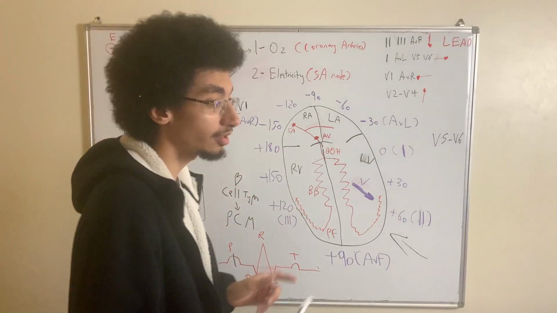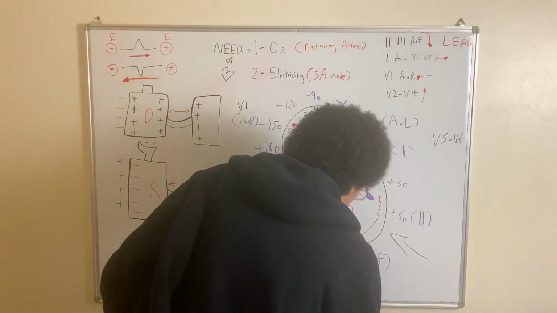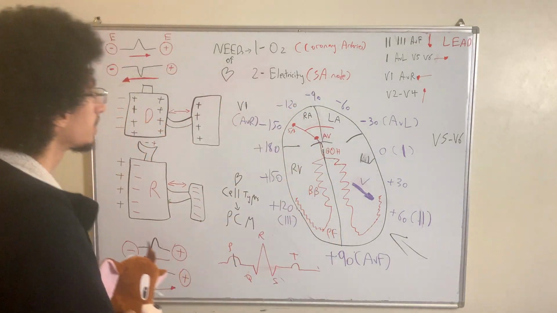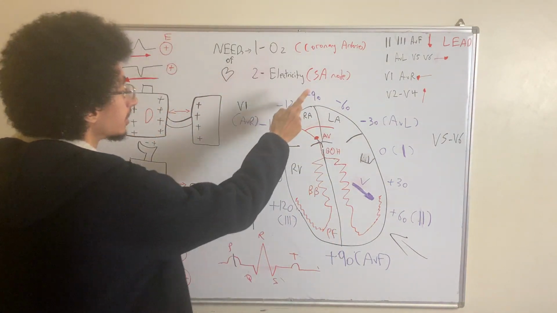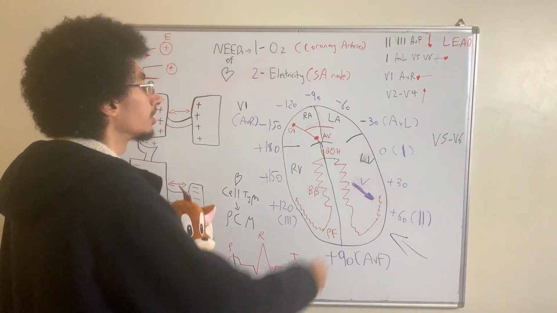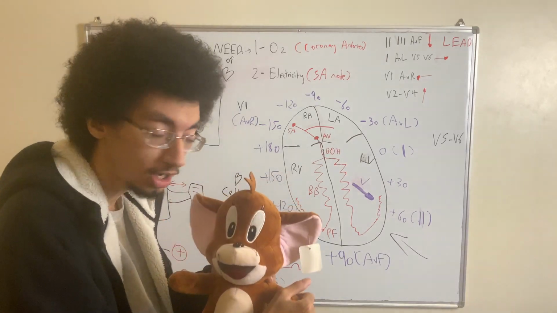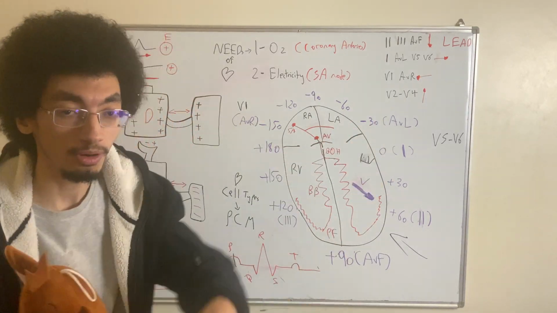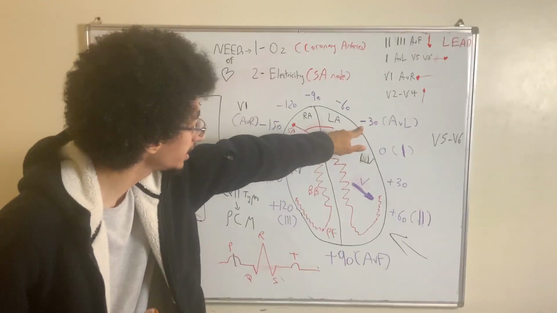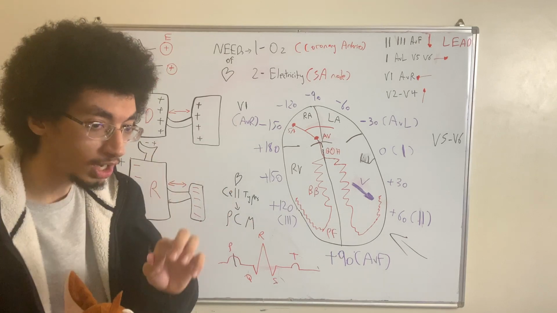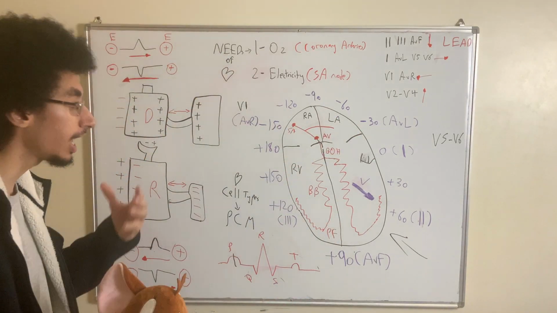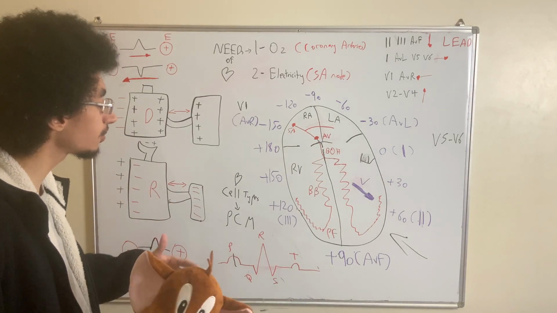Then, minus 120, 90, 60, minus 30 degrees, we have AVL. AVL, as in left arm, will record the heart from a lateral perspective, the same as lead 1, but at minus 30 degrees. So, let's summarize. How many leads do we have here? We have a total of 6.